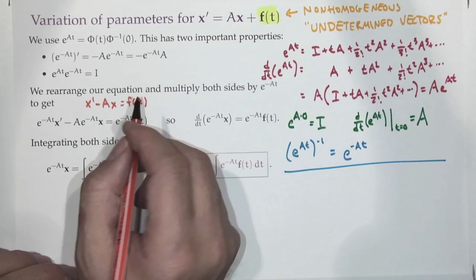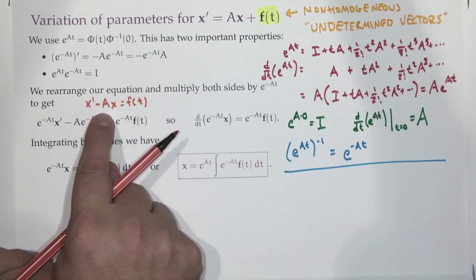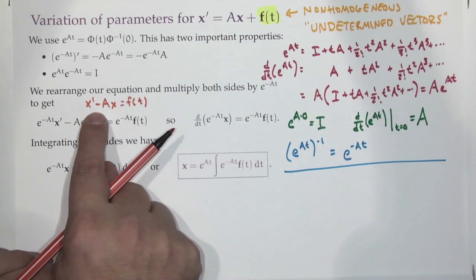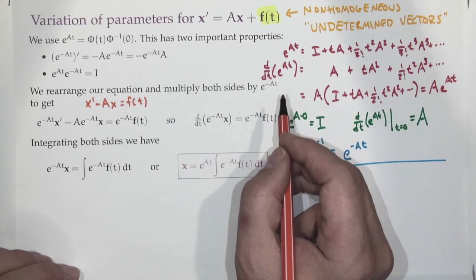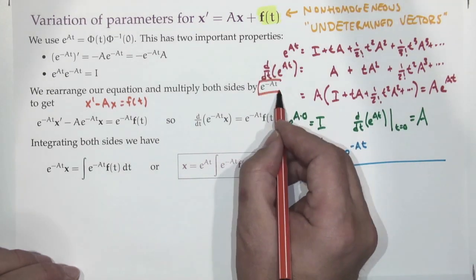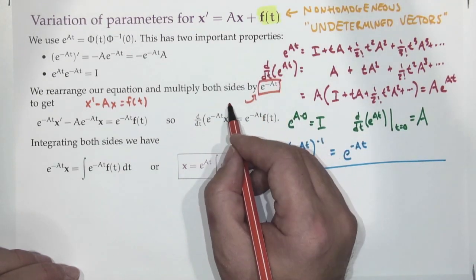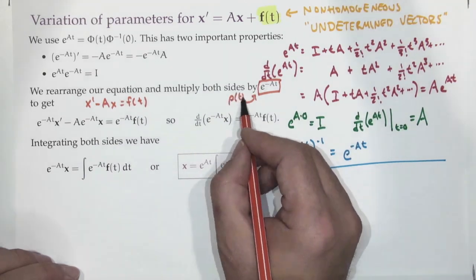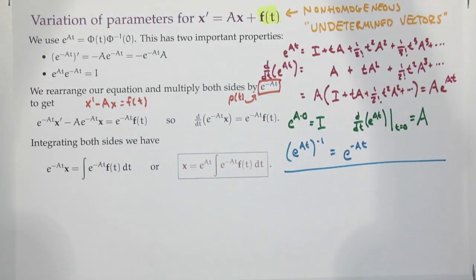And then we said we need an integrating factor. So you'd integrate negative A, that's negative At, and then you put that in the exponential function. So that's e to the minus At. This e to the minus At is acting as our rho, our integrating factor that we talked about at the beginning of the semester.